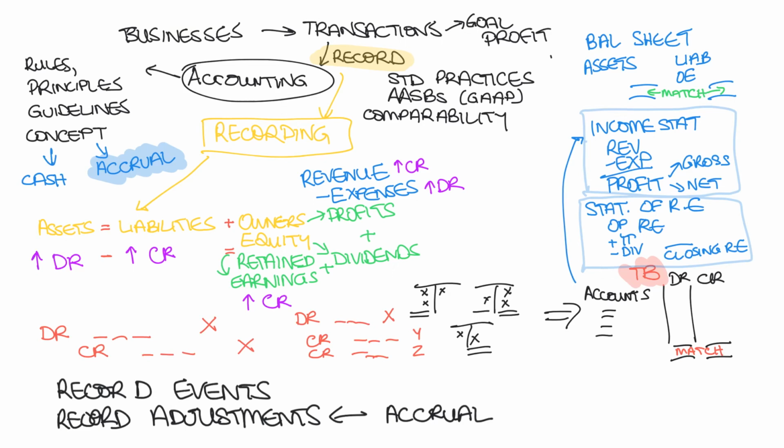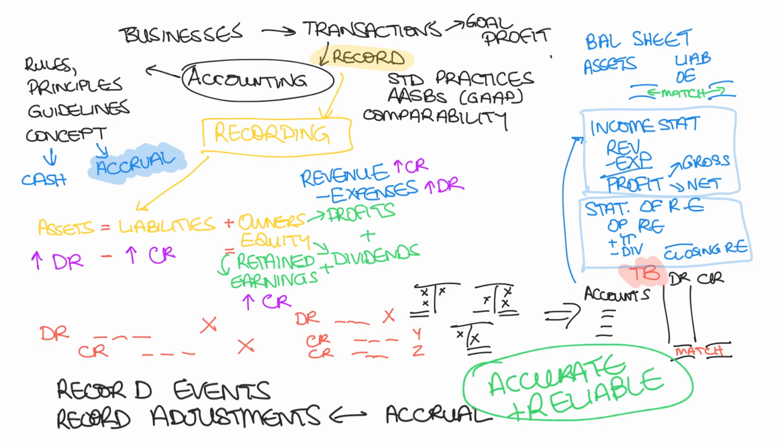We also looked at the fact that we need to have something that will make sure that the accounting information we record in all of those journal entries is accurate and reliable. And those things that try and make sure that everybody is doing the right thing and that information is accurate and reliable are things called internal controls.